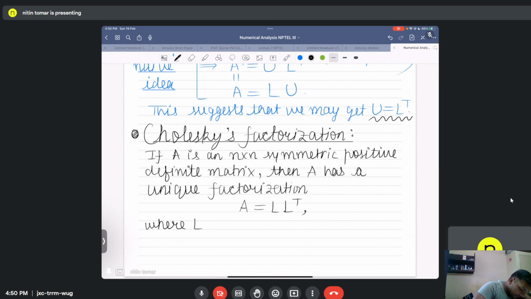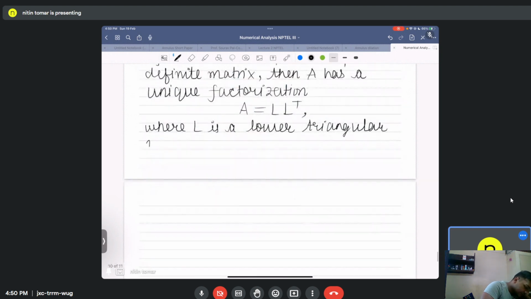Where L is a lower triangular matrix with positive diagonal elements.